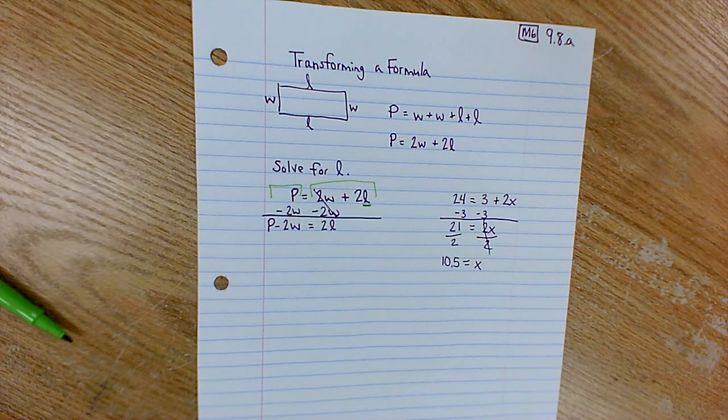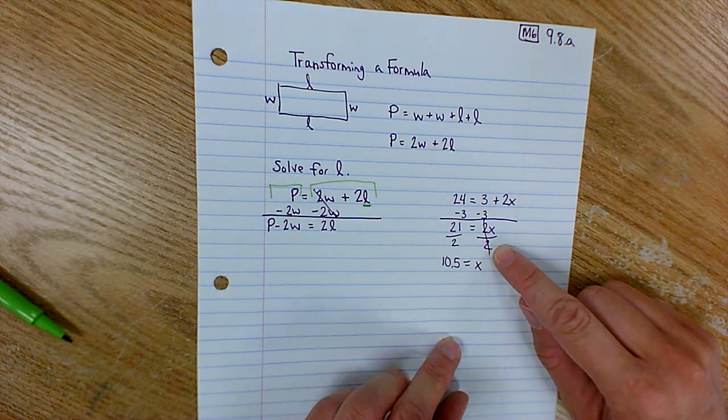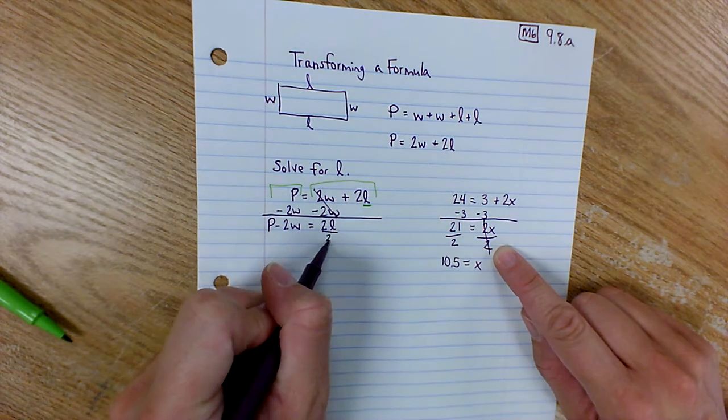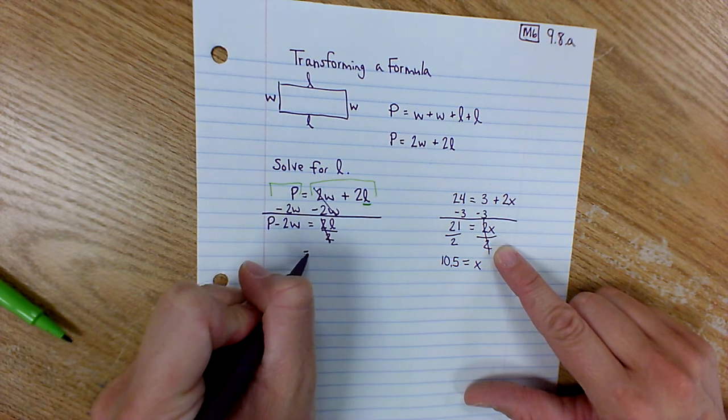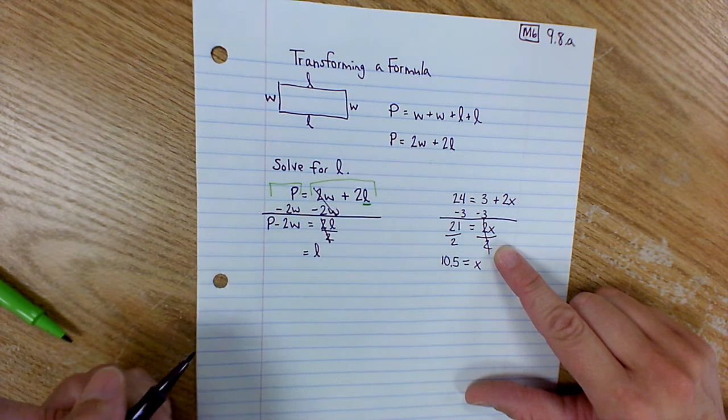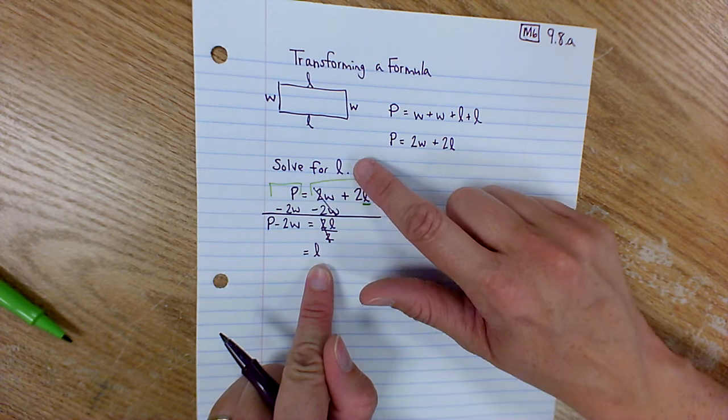The way I'm going to do it is through division, because 2L means 2 times L. Just like over here, how I divided by 2, I'm going to divide by 2 here. That's going to get rid of those so that I have just L. So now I have the L by itself, which is what it means to solve for L.